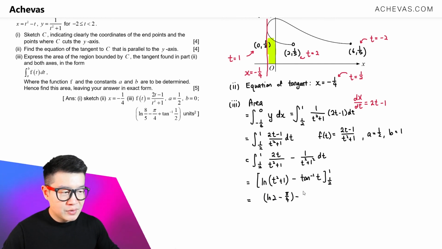Then minus, if I were to substitute half in, it is going to be ln of 5 over 4 minus tangent inverse of half. Combining ln 2 minus ln 5 over 4 together, we will have ln of 8 over 5. Then we have this minus pi over 4, which is by itself. Minus minus becomes plus. So my answer is going to be this in exact form.